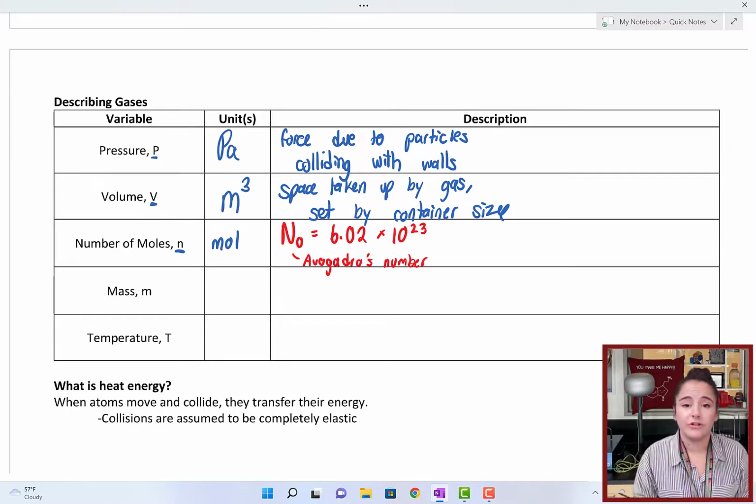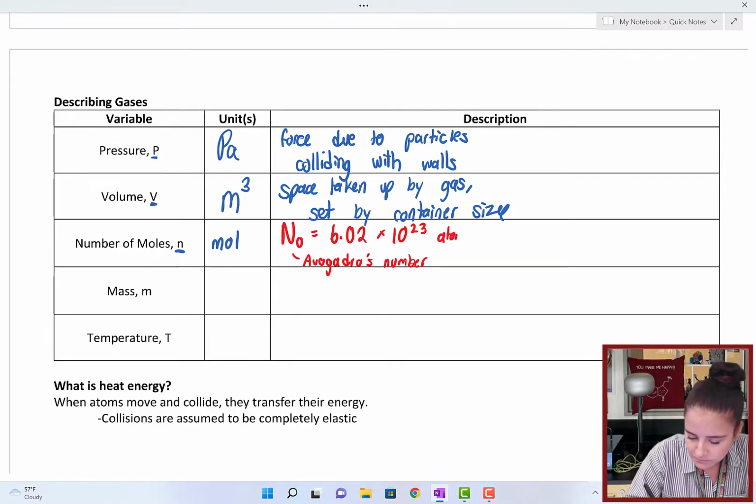And what this refers to is how many atoms or particles or molecules there are per mole. It is a really, really big number because atoms and molecules are really, really small. So when we count them, we tend to count them in moles of atoms or molecules, which is this many atoms or molecules per mole.